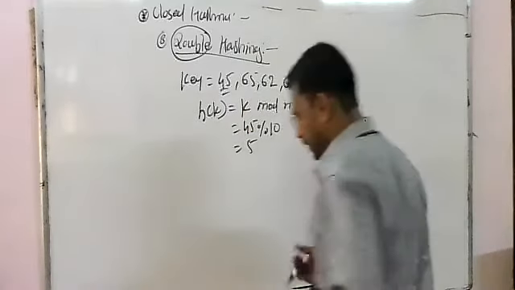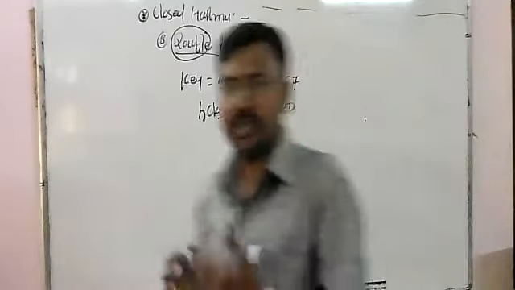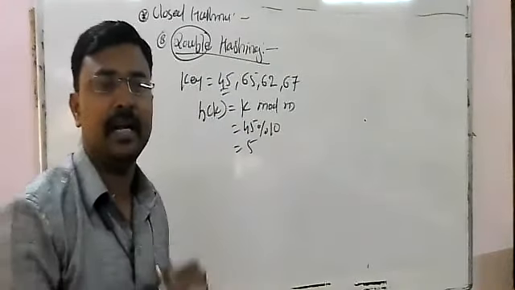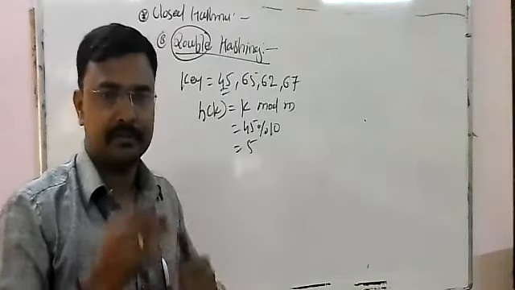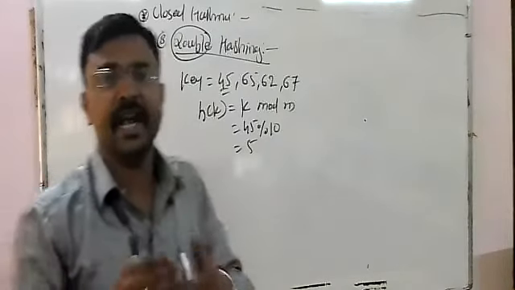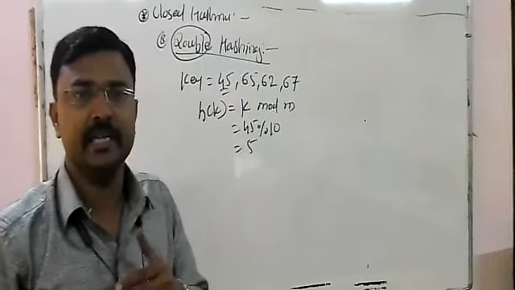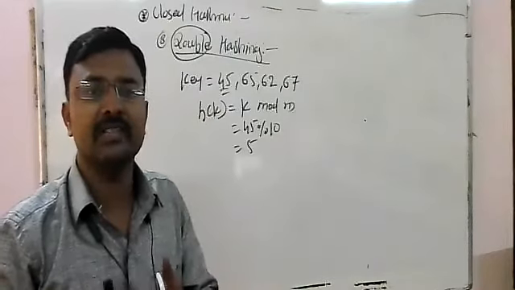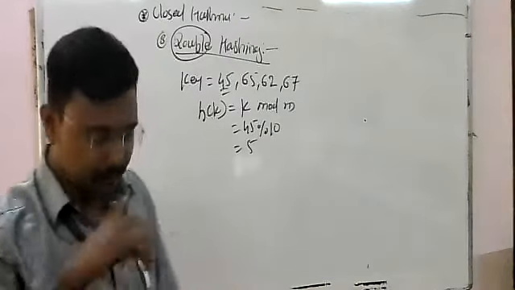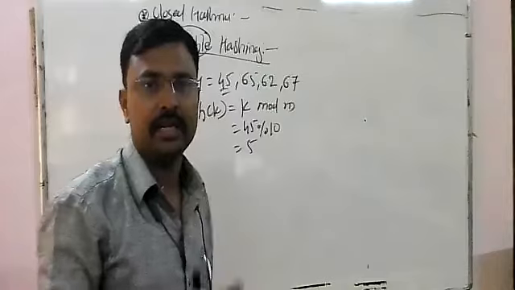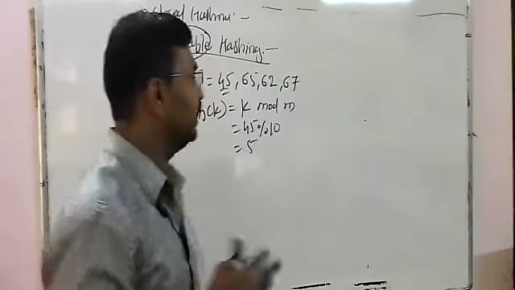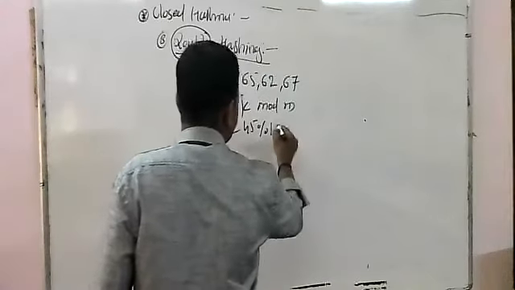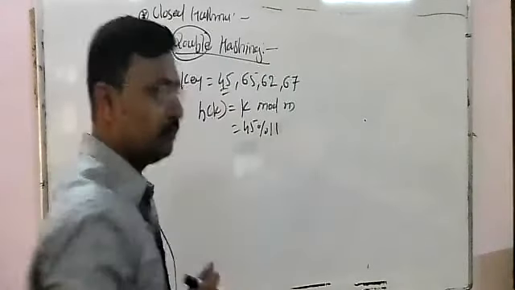Now here, whenever you are using double hashing, select the hash table with a size of a prime number. For example, instead of selecting 10, I will select 11.